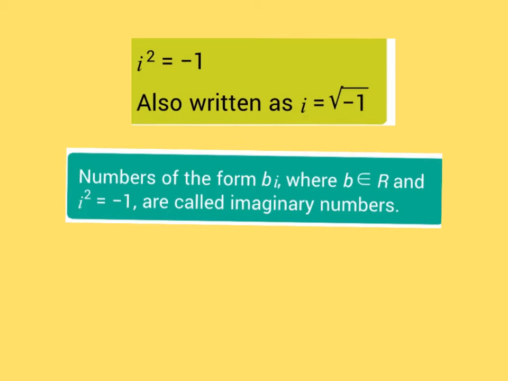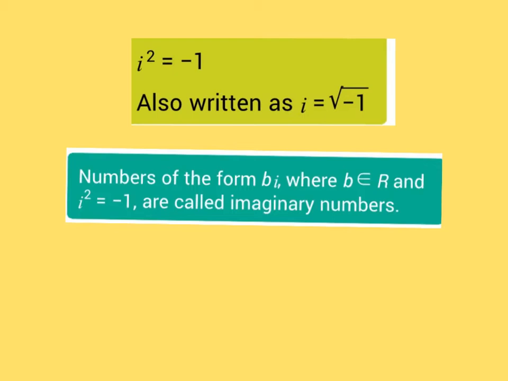One key thing to note about complex numbers is that we denote them using this i, and i represents an imaginary number. So i squared is equal to minus 1. Numbers of the form bi, where b is an element of R and i squared equals minus 1, are called imaginary numbers. When we are studying complex numbers, we have two parts.